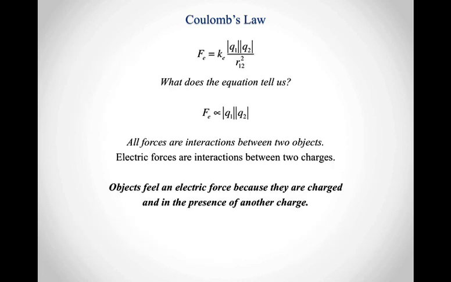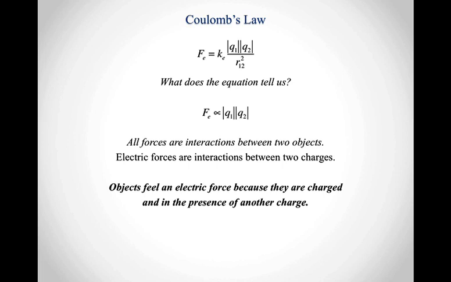So what's this equation telling us? Here's the equation for the magnitude of the electric force between two charges: Ke Q1 Q2 over R12 squared. What does this equation tell us? Well, the first thing it says is that the electric force is proportional to the product of the two charges. This indicates a couple of things. The first is we know that all forces are interactions between two objects.